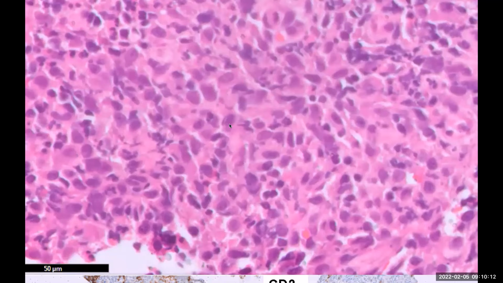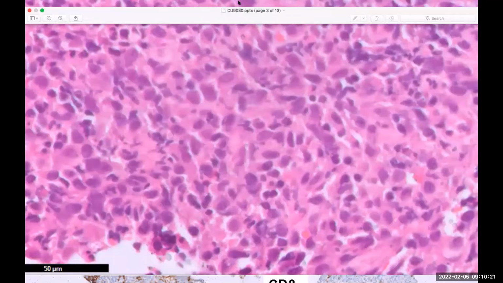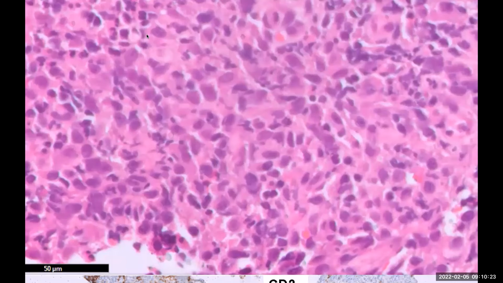Somewhere it is polymorphous, and other areas are not. The first task would be to ask what these cells are. For that, we usually go for immunohistochemistry, which helps with lineage and the type of cells. Can you go to the next slide?